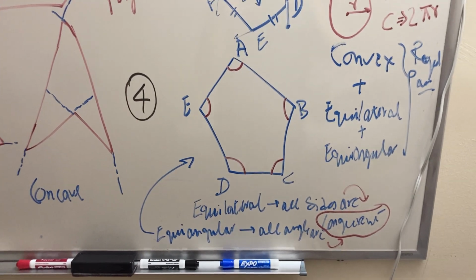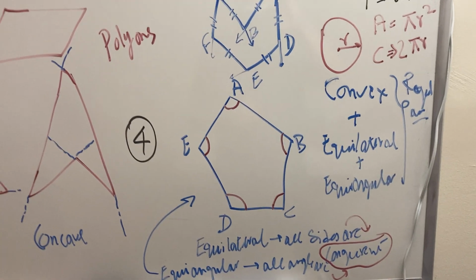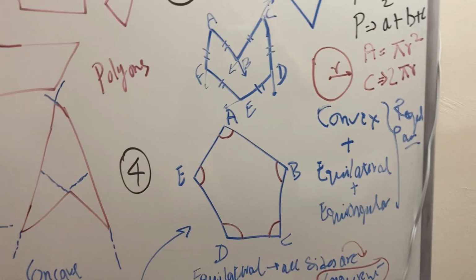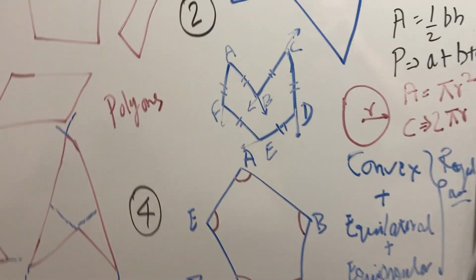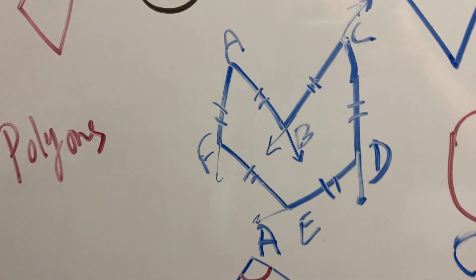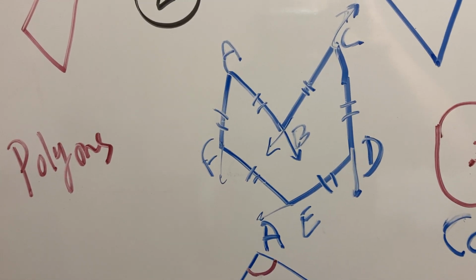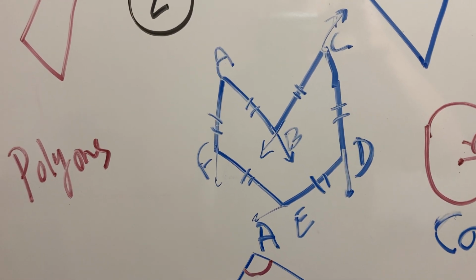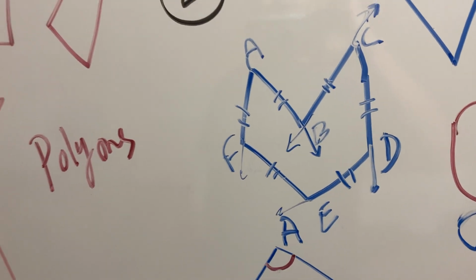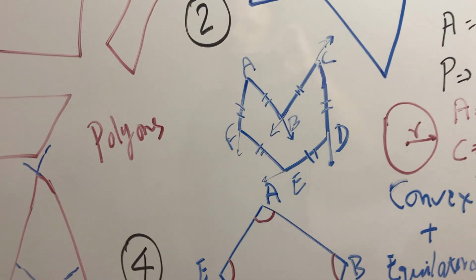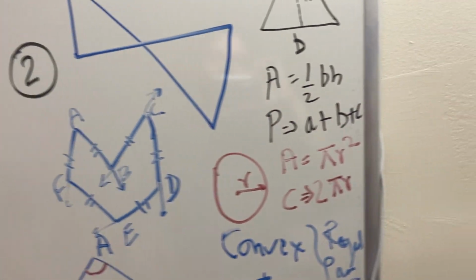The only property we are looking for is that it should be a convex polygon if you want it to be a regular polygon. The moment it changes to a concave one, like here, that's a concave polygon. You see that at point B, when you try to extend, it goes inside the polygon. That's what makes it a concave polygon, and concave polygons are not regular polygons.